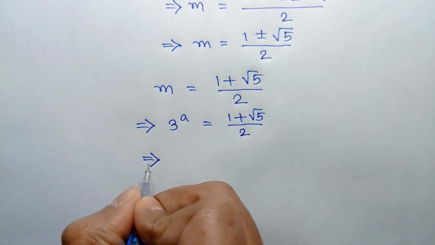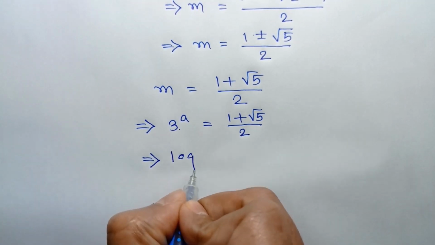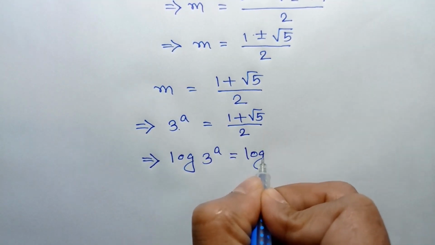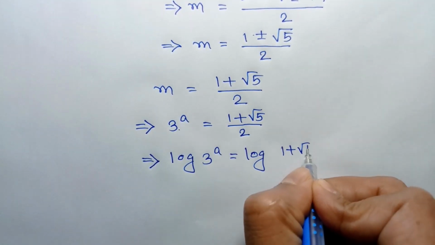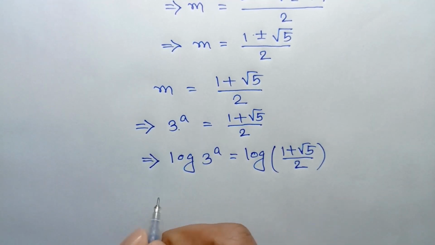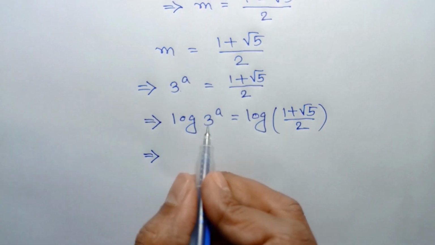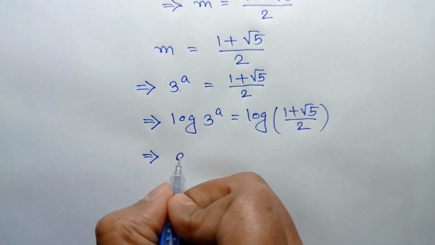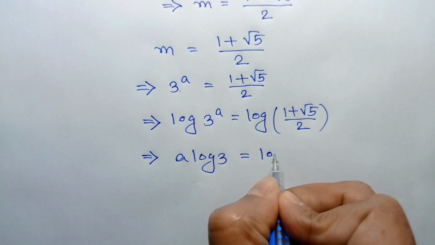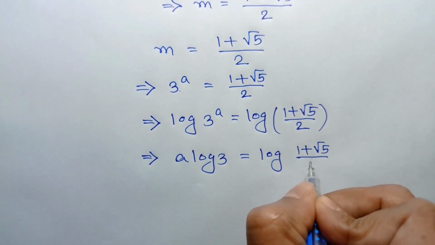Taking log of both sides, we can write log 3 to the power a is equal to log of (1 plus square root of 5) over 2. According to the law of logarithm, we can write it as a log 3 is equal to log of (1 plus square root of 5) over 2.